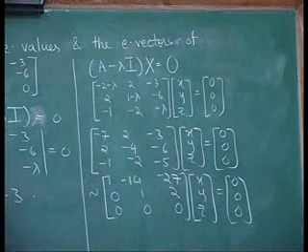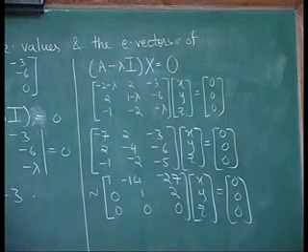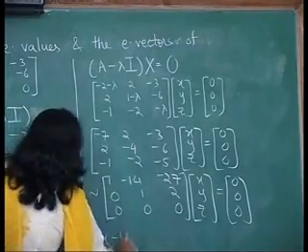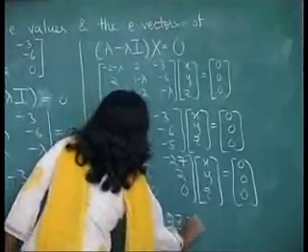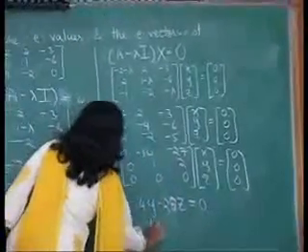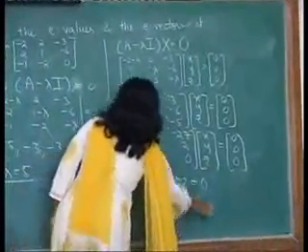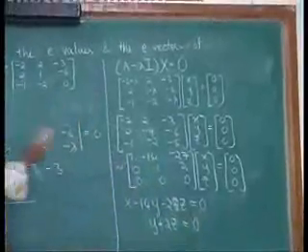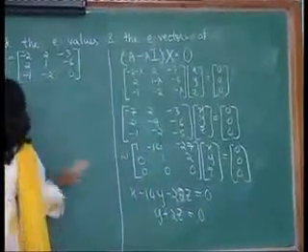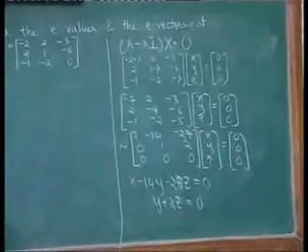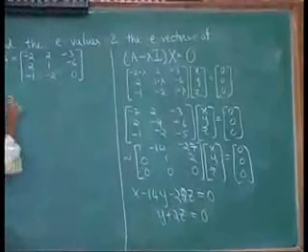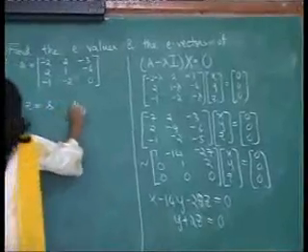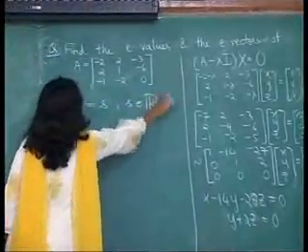So if I rewrite the system of equations, I'll get x minus 14y minus 27z equal to 0 and y plus 2z equal to 0. There are two equations and three unknowns. Since there are two equations and three unknowns, one of them will be a free variable. Let us put z as the free variable.